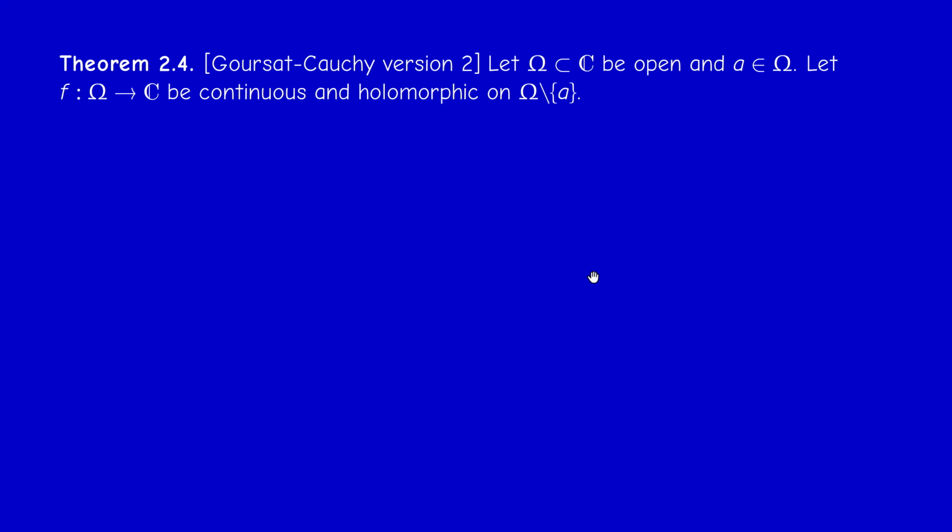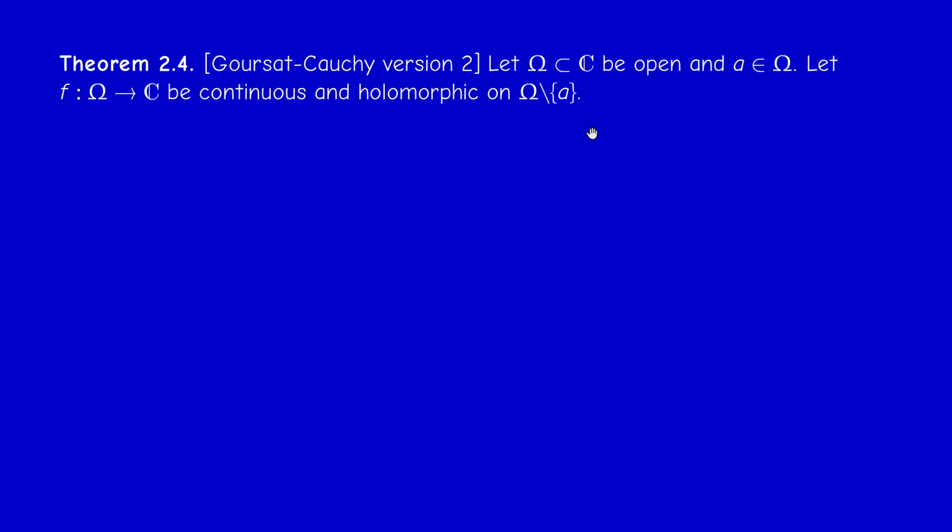Okay, version 2 is very similar to version 1, except in one point. In version 1, we assume that we have a holomorphic function on omega. In version 2, we assume that f is holomorphic except possibly at one point, but it's continuous on omega. Okay, so continuous on omega, holomorphic on omega without a.